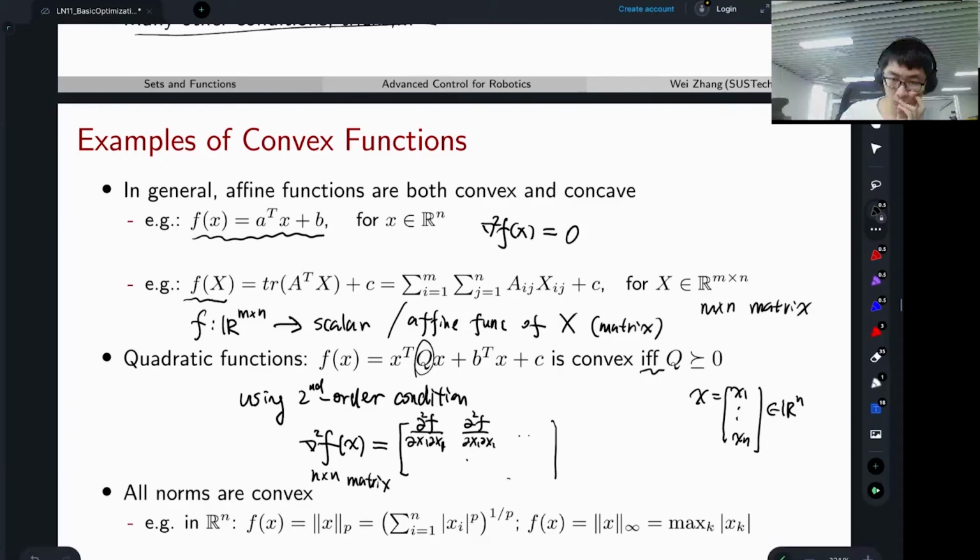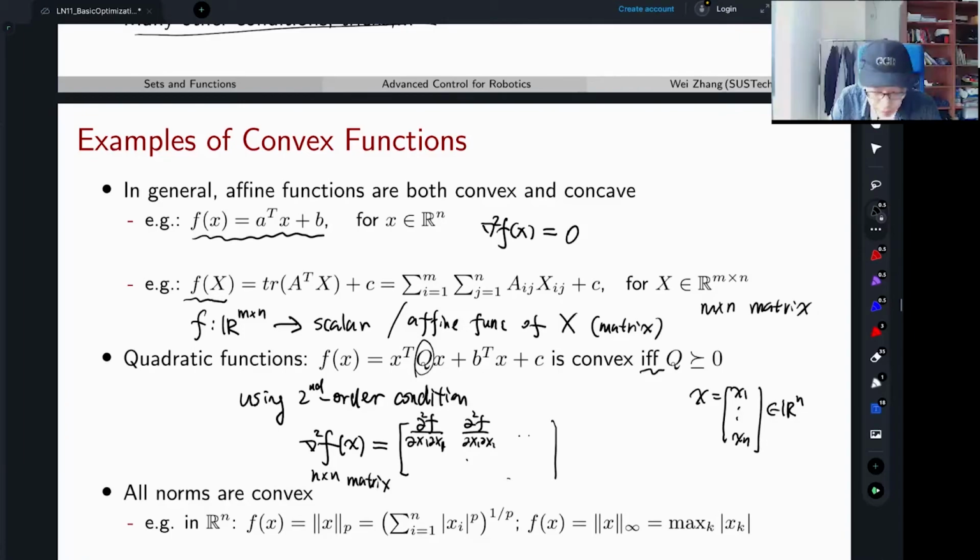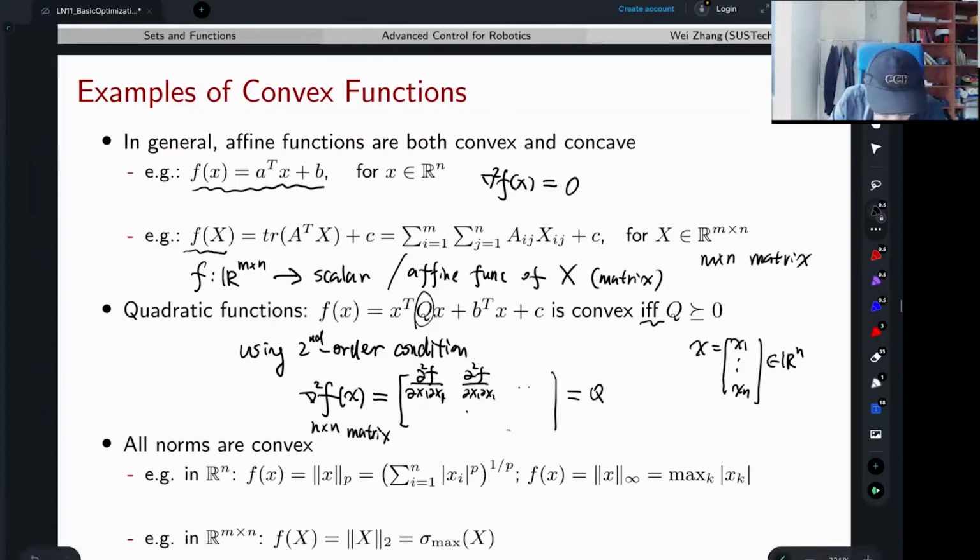So we can check whether it's positive definite or not. First of all, it has to be symmetric if Q is symmetric, and if you derive it, it will just be Q. So based on the second order condition, Q is positive semi-definite if and only if this quadratic function is convex. So you need to check this second order term.